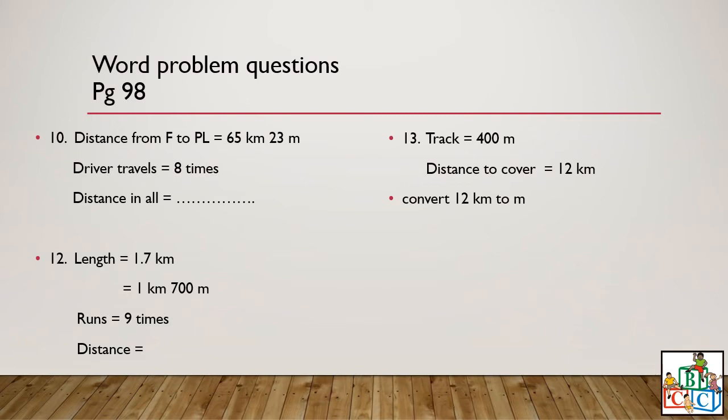Number 14. A horse runs 6 times along a race track and covers a distance of 5.1 kilometers. What is the length of the race track? So the horse, when he is running 6 times, is equal to 5.1 kilometers. So what is the length? You have to give your answer in meters.